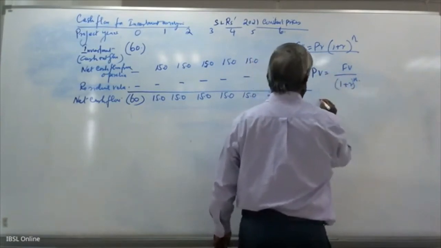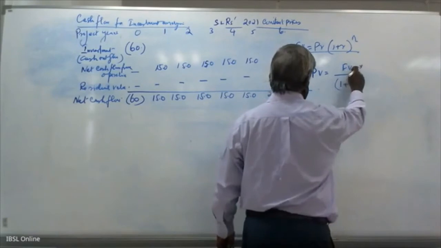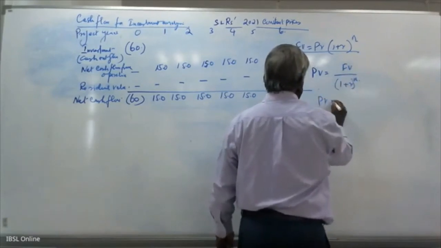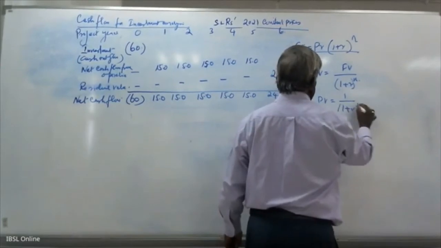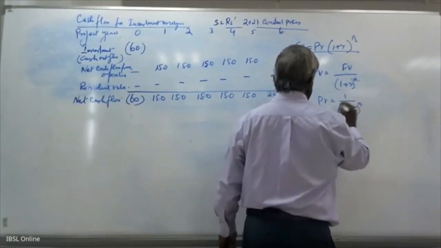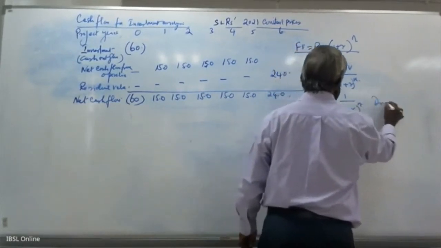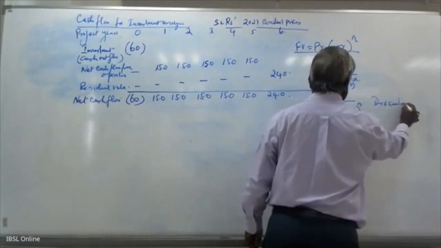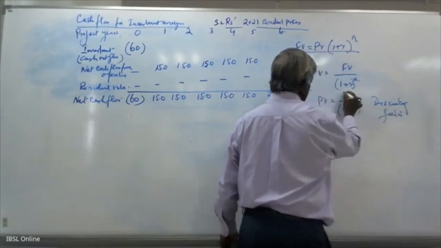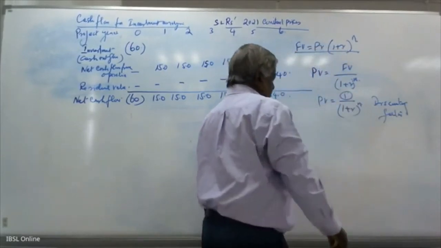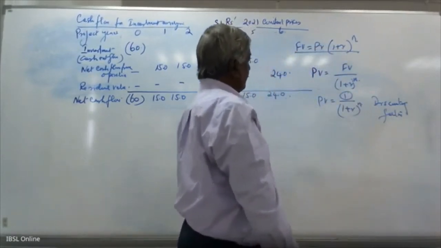We can now write, if it is 1 rupee future value, PV is equal to 1 divided by (1 plus R) to the power n. So this is the discounting factor, for 1 rupee future value.